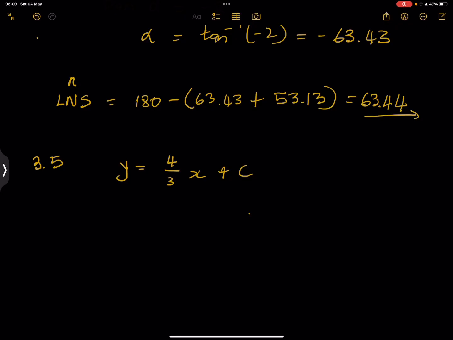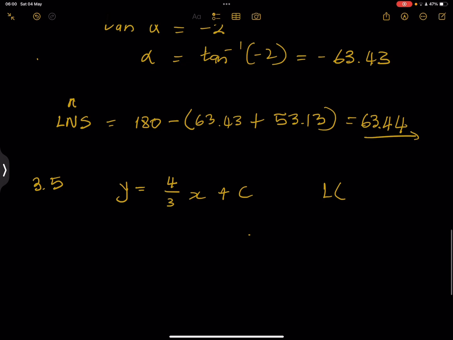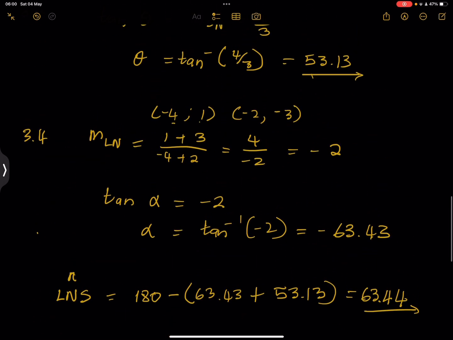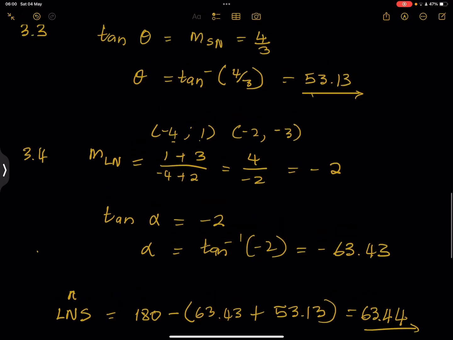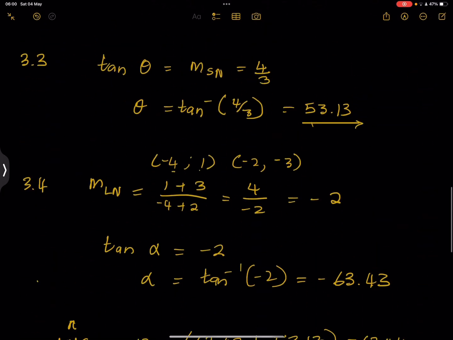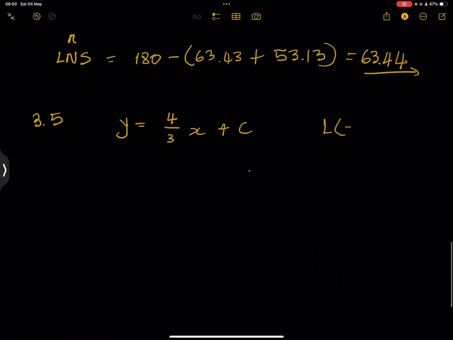So now they said it passes through L. And we know the coordinates of L, I just want to make sure that I am absolutely correct. I think they are (-4, 1). We can go back there just to verify. Yes, they are. So that's (-4, 1). So I'm going to substitute this point here, right? When y is 1, x is -4, plus c.